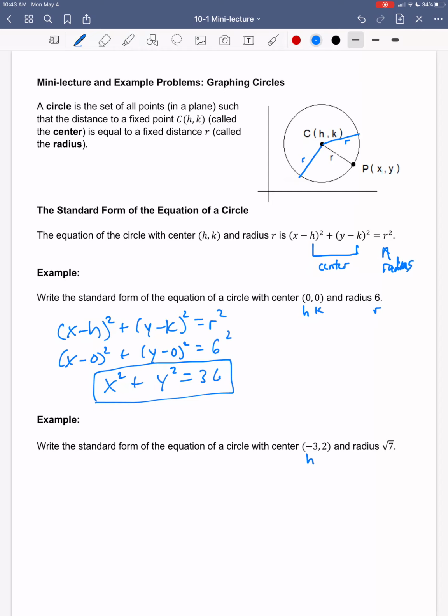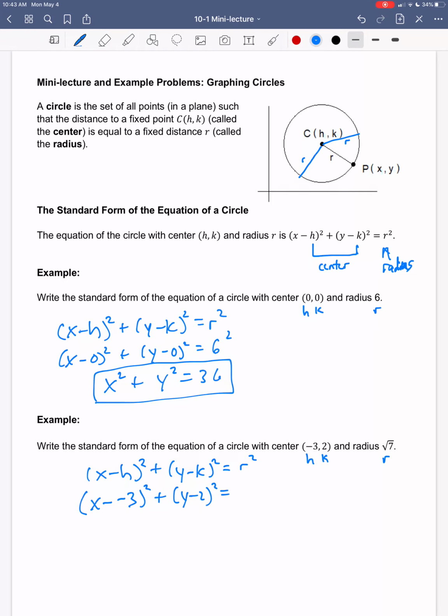So down here, I've got again h, k, and r. I start with the standard form, and I just plug and chug. For h, notice it's negative 3, so that's going to give me x minus negative 3 squared. Minus and negative is going to end up being a positive.